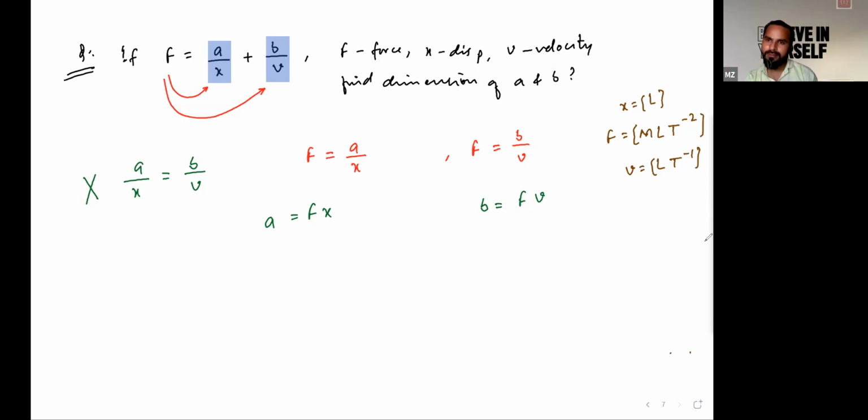Ikra, just check the exponential for L, for B. Mariam, check the exponential for T. Kezia, are you solving? Yes, sir. Okay.